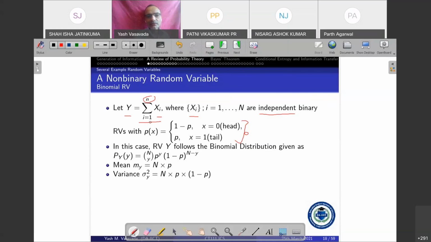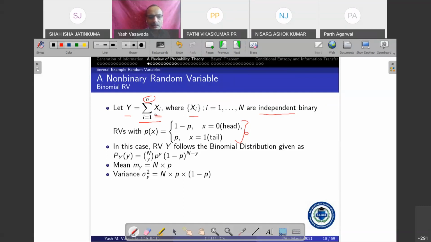That 2 happens when, out of these n variables that we are summing up, any 2 are going to be 1s and the remaining n minus 2 are zeros. Finally, what is going to be the highest value of y? It is going to be n, correct. That happens when all of these xi's are equal to 1.